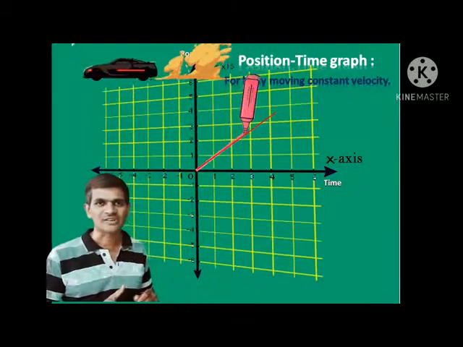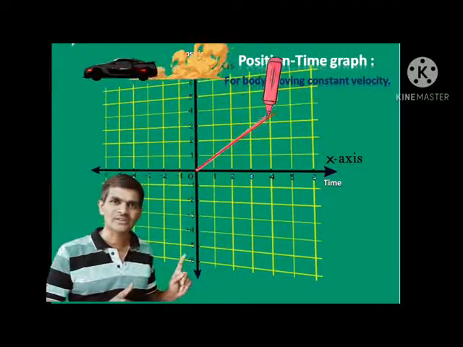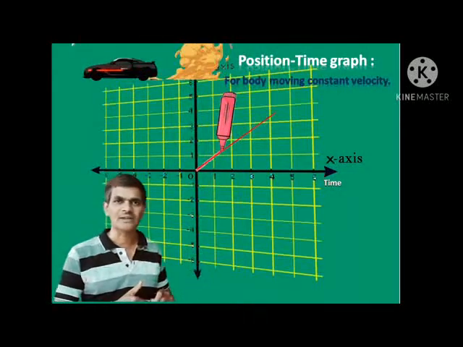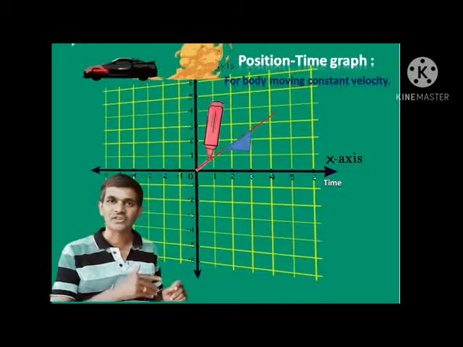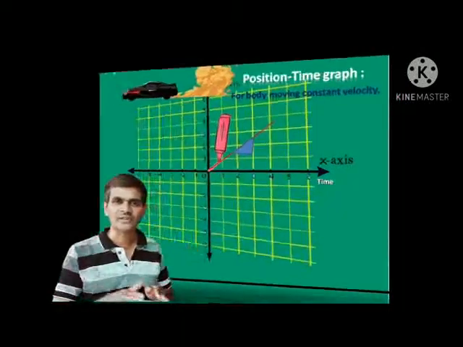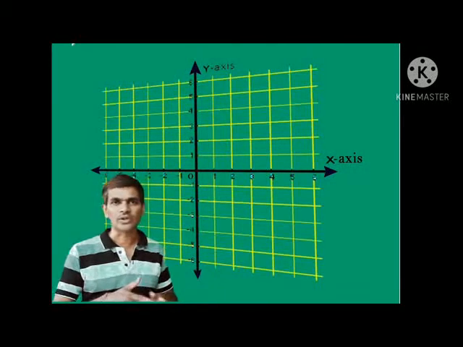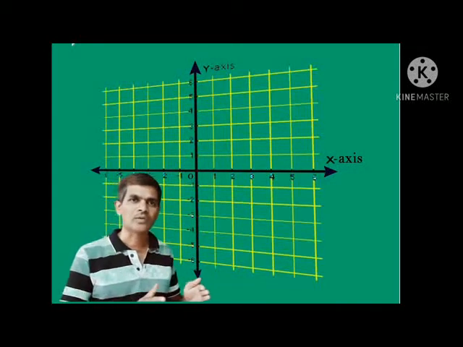Because of that, it is a straight line inclined to the time axis, such that the slope of the graph remains constant throughout its motion.